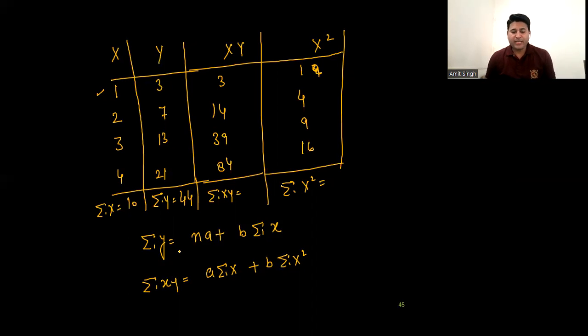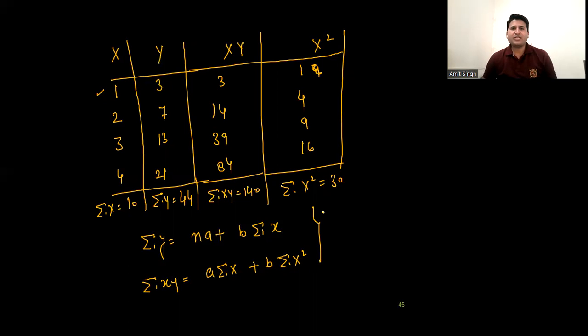If I do the summation of the xy column, it is 3 plus 14 plus 39 plus 84, so this gives you 140. Summation of x square will be 1, 5, 14, that is 30.